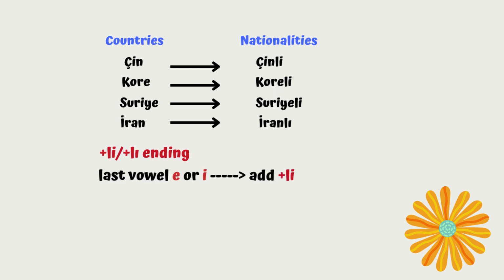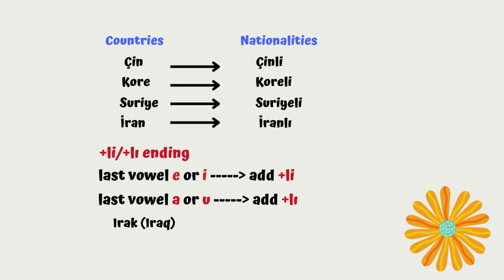So the rule is simple. If the last vowel is e or i, we add li, like Çin, Çinli. Kore, Koreli. However, if the last vowel is a or ı, we add lı ending, like İran, İranlı. Okay, let's practice this a bit. So, Irak is the name of the country. Can you make it nationality using these endings?